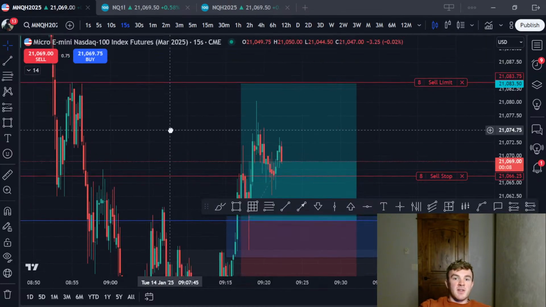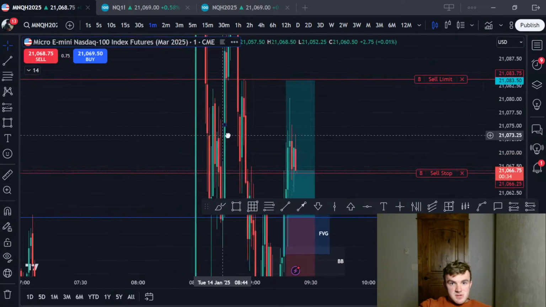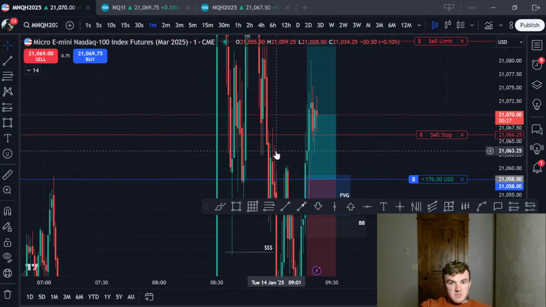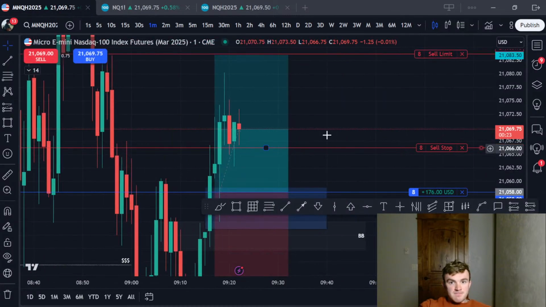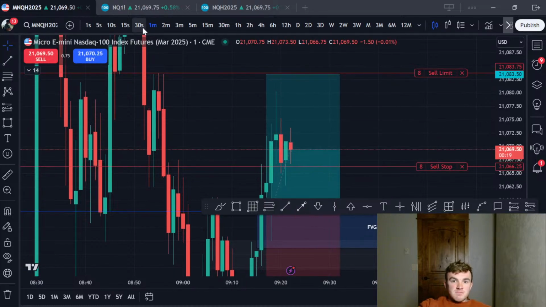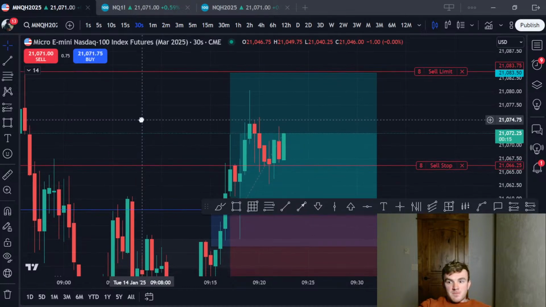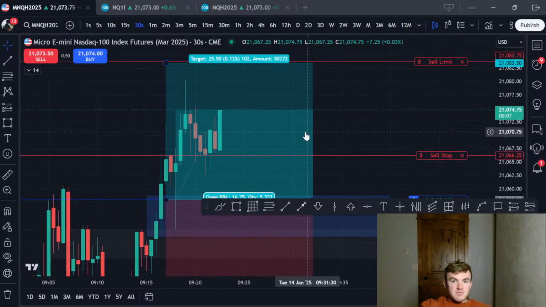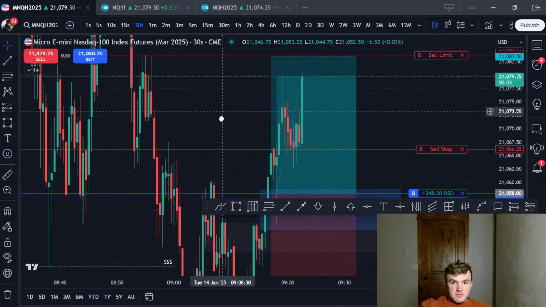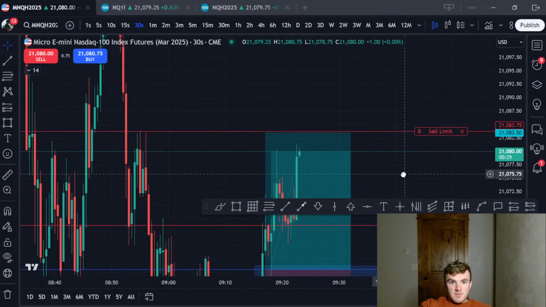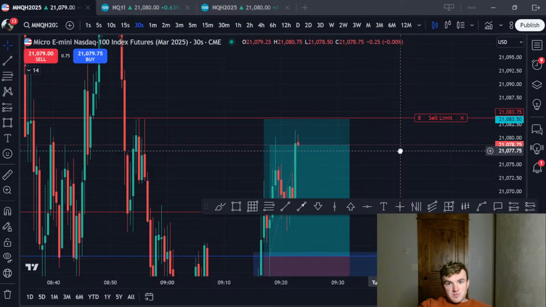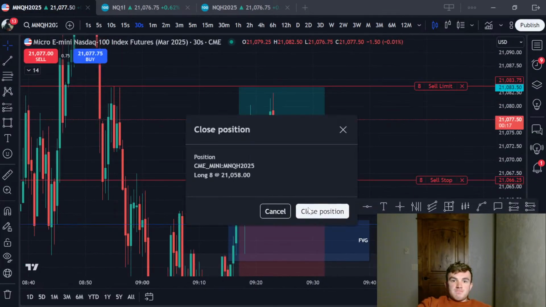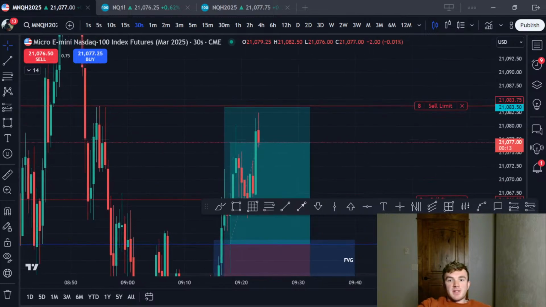And I'm taking a trade on a singular account right now. Can I not close half? Why can't I close half? That's so stupid.